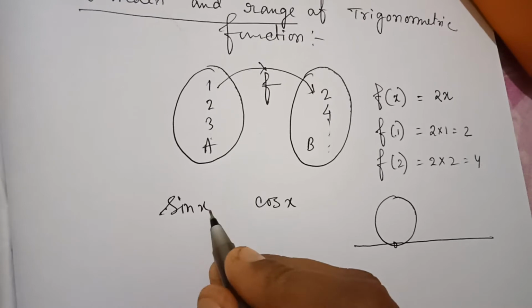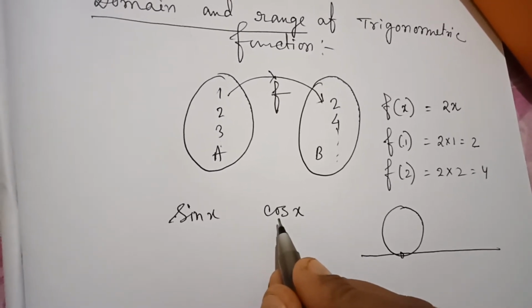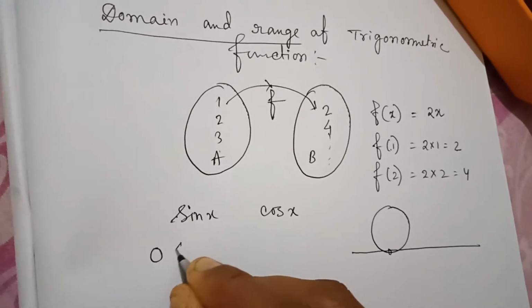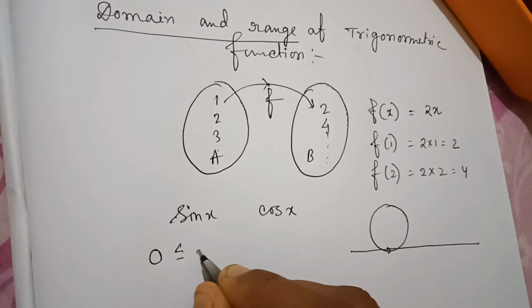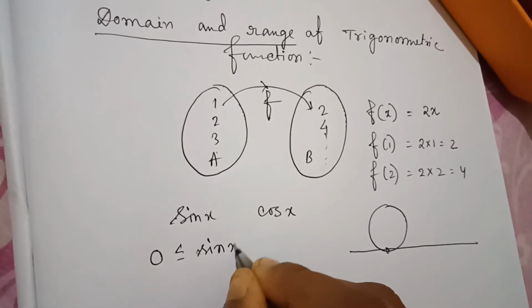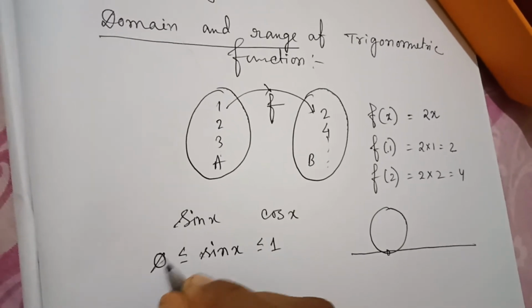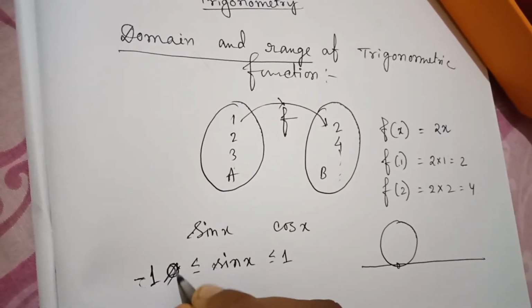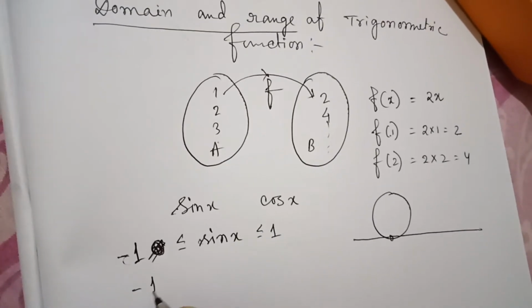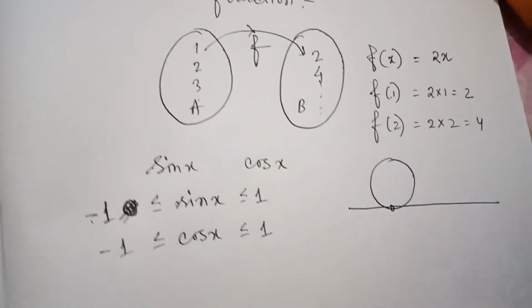Now sin x and cos x are functions of x, and if we go into a detailed study, we will get that minus 1 less than or equal to sin x less than or equal to 1, and minus 1 less than or equal to cos x less than or equal to 1.